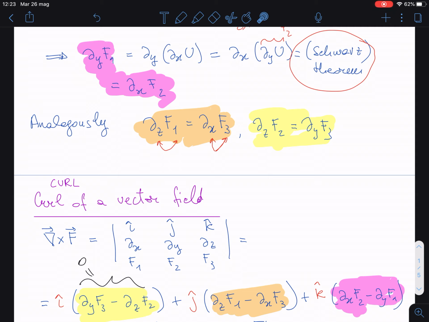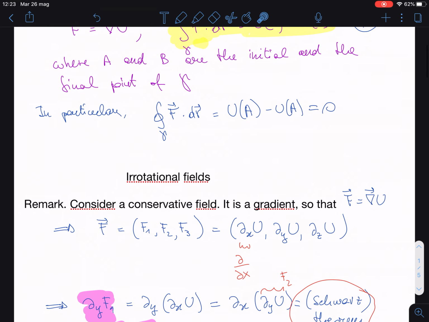From another point of view, the idea that we will try to develop now is that when you have some rotation in your field, then following the rotation you can construct circuits, closed curves, on which the line integral of the field is not 0. So the field is not conservative. This is the idea, but we will develop it a bit more today.